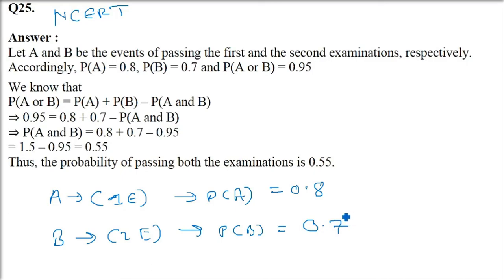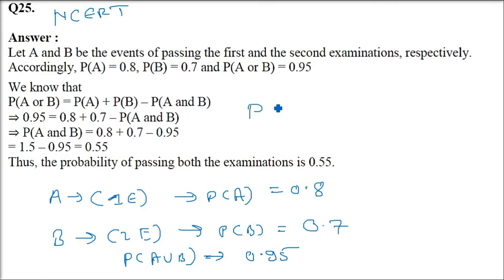Now the probability of passing at least one of them is 0.95. At least one of them means union. So P(A union B) is 0.95. All these values are given to you. We have to find out the probability of passing both.